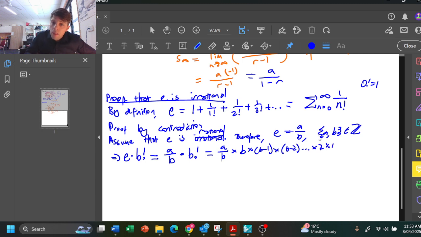We're going to see that this b here is going to cancel out with this b here, and here we're just going to have an integer times an integer times an integer times an integer. If we times a bunch of integers together, we're just going to get an integer. So we see here that this thing is an integer. According to our logic here, if we accept that e is a rational number, then e times b factorial will also be an integer.